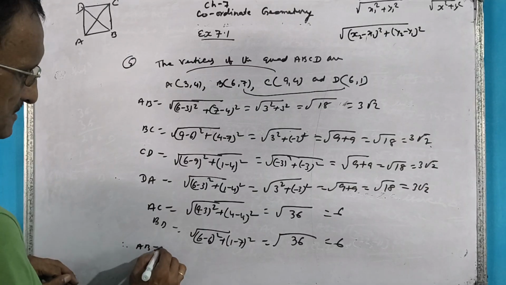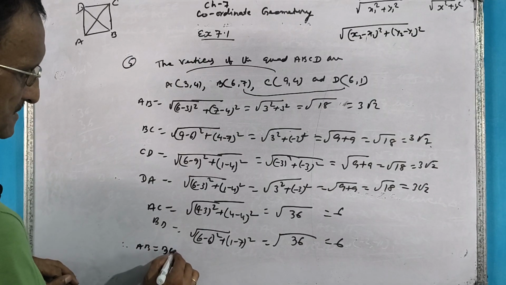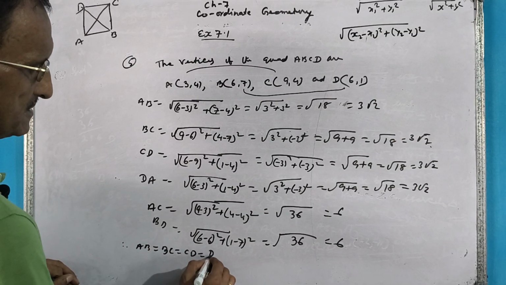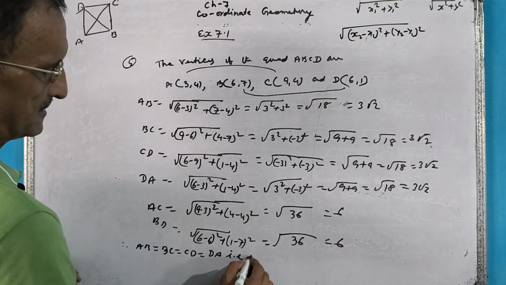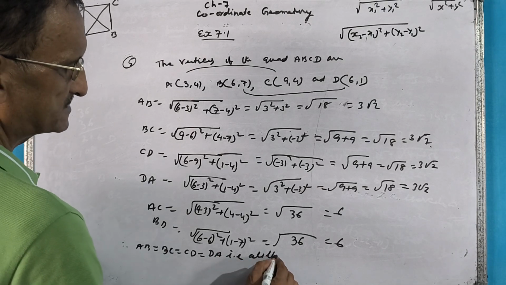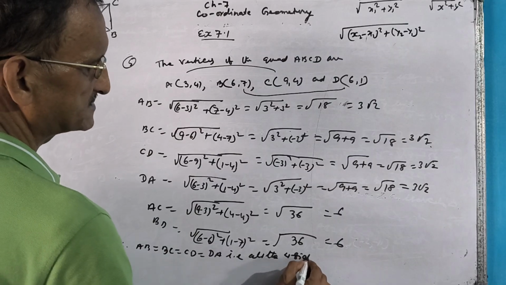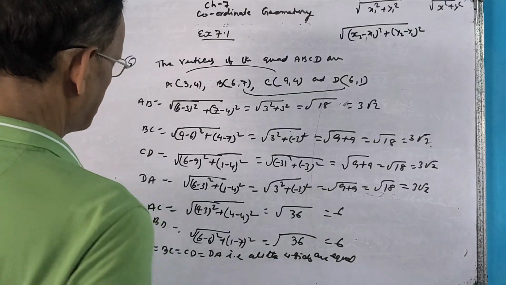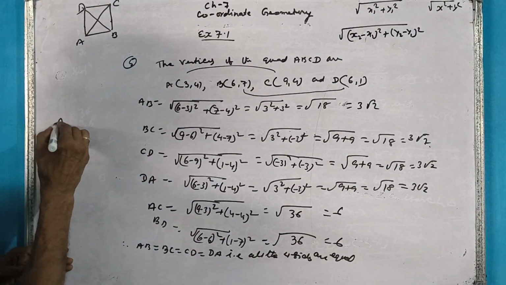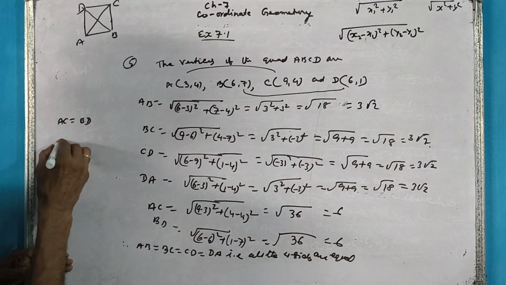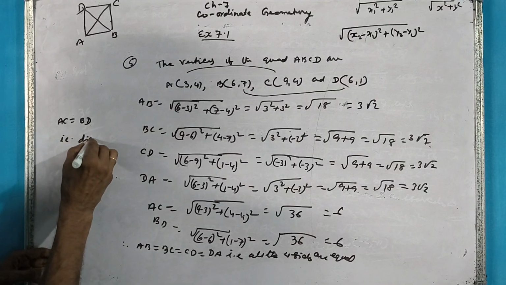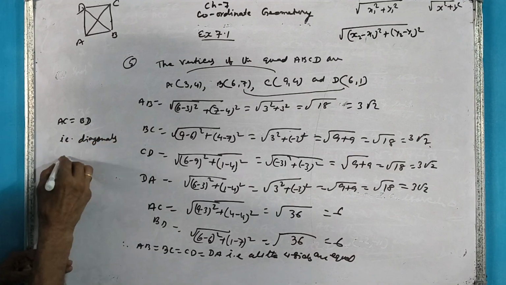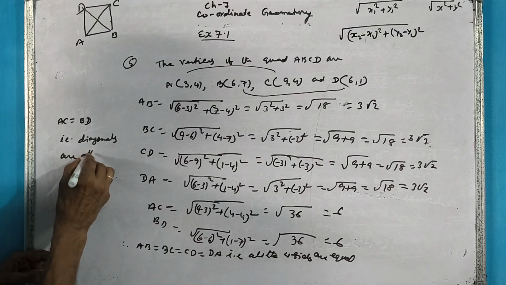Therefore, AB equals BC equals CD equals DA. That is, all the four sides are equal. And AC is also equal to BD. That is, diagonals are also equal.